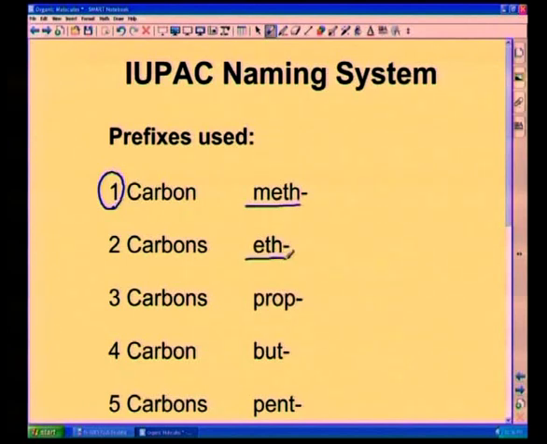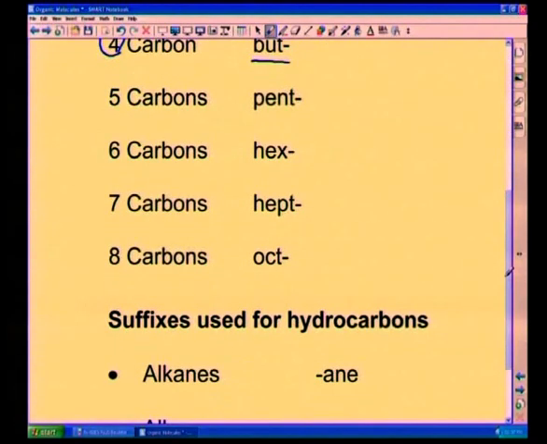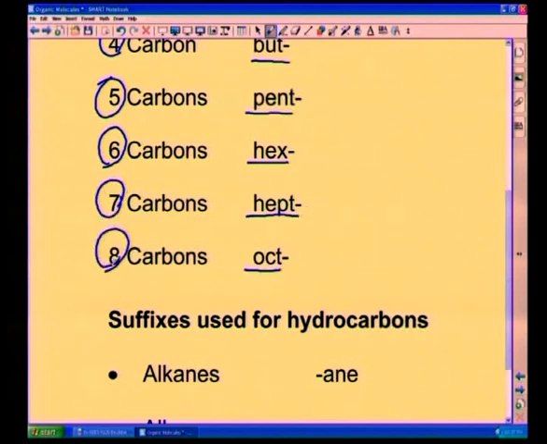Eth would mean the one with two carbon atoms in it. Prop for the one with three carbon atoms. But for the one with four carbon atoms. And we can proceed, and we come to pent, one with five carbon atoms. Hex, one with six. Hept, one with seven carbon atoms. Oct, one with eight carbon atoms.